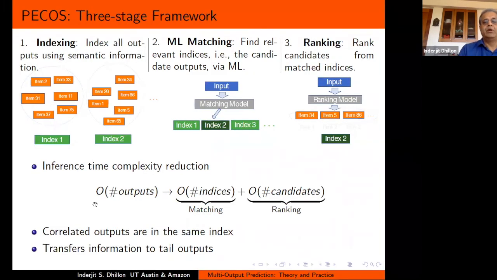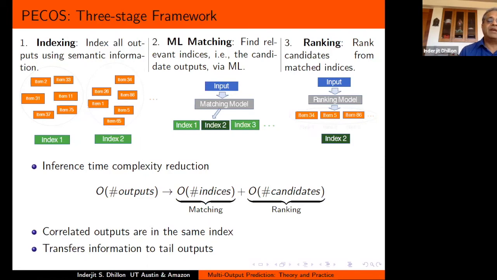Okay. Sorry, so the inference time then will reduce from being linear in the number of outputs to essentially being linear in the number of indices. And one of the techniques that we use is to do a hierarchical clustering of the outputs.